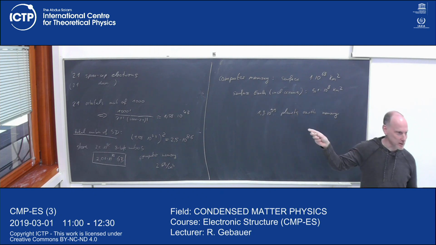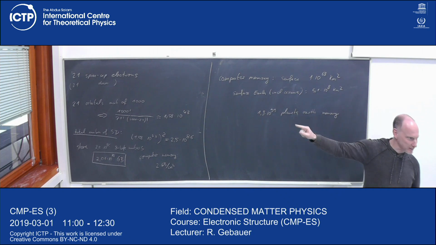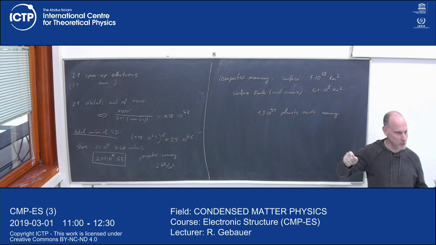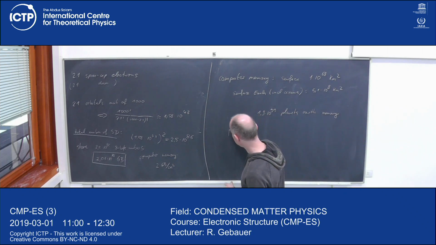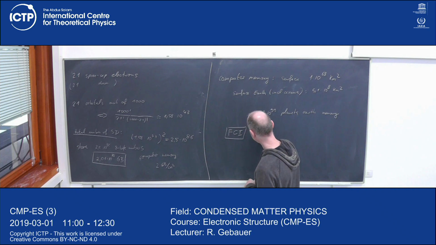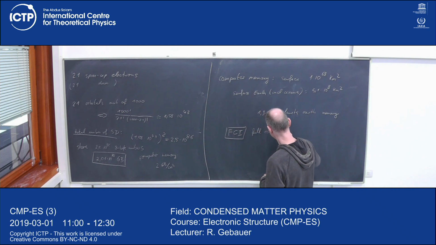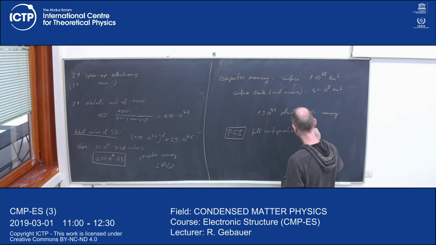And this way of proceeding, of writing all possible Slater determinants and optimizing the prefactors of all Slater determinants, has a name. It is called FCI. FCI means full configuration interaction.